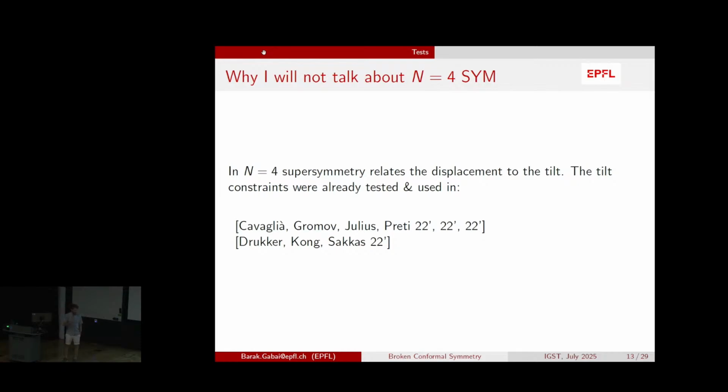And in principle, we were guaranteed to succeed as long as our derivation is correct. The cousins of these constraints, when you translate your displacement 4-point function into a tilt 4-point function using the supermultiplet, were tested before. So it's still a good test that the derivation is correct, but not maybe a new result in a full sense.